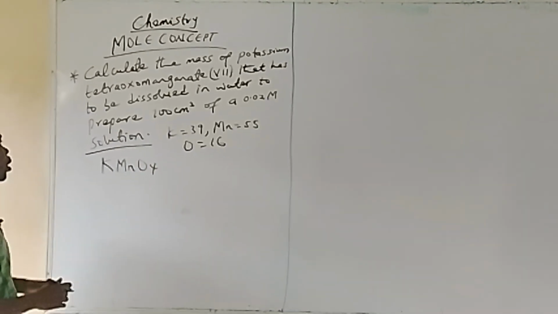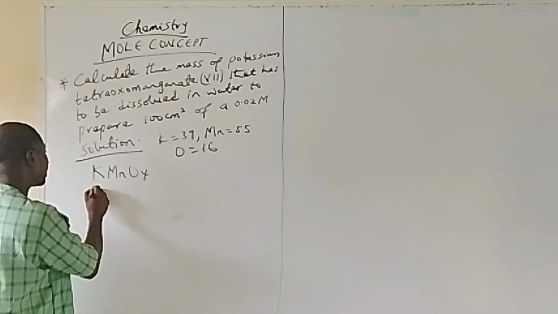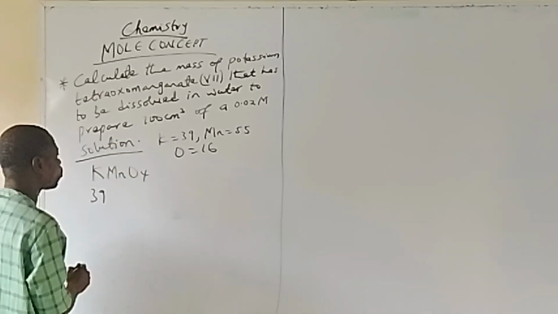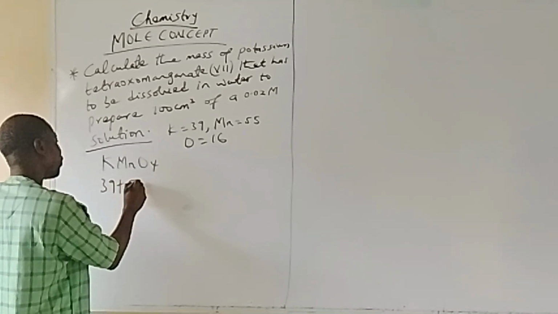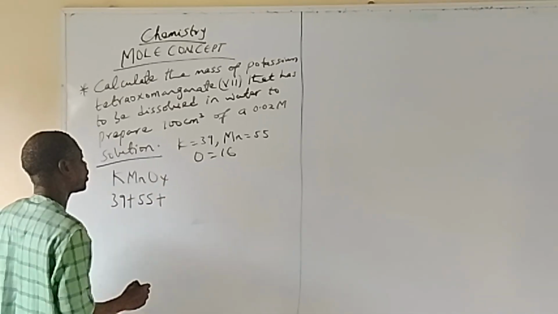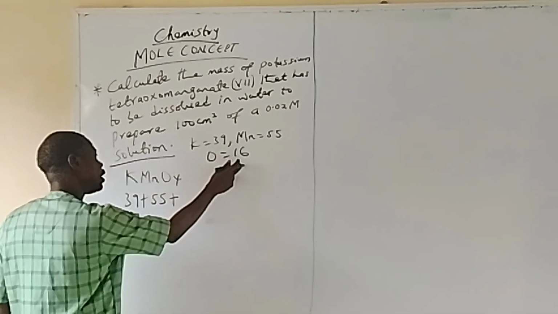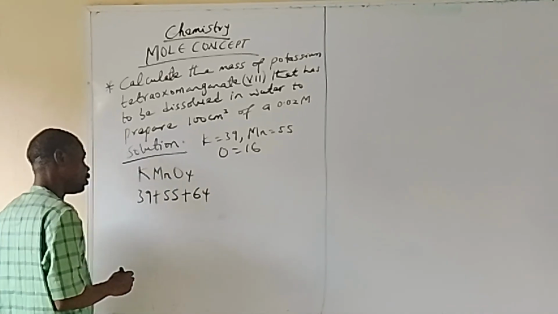Let's find the molar mass of this compound, KMnO4: 39 plus 55 plus 4 times 16, because that of oxygen is 16, that is 64.